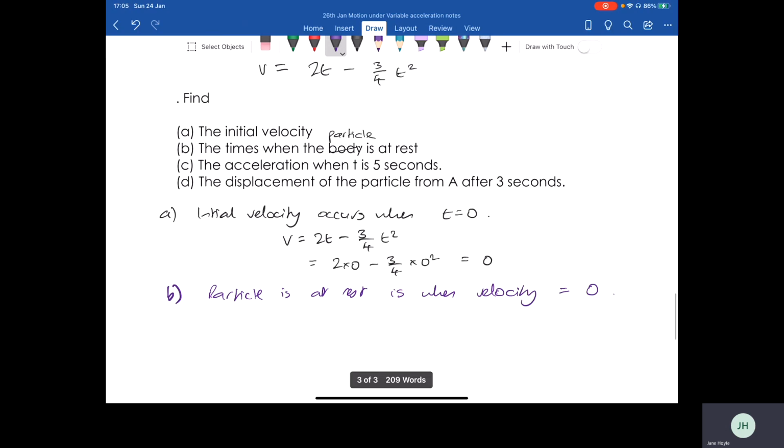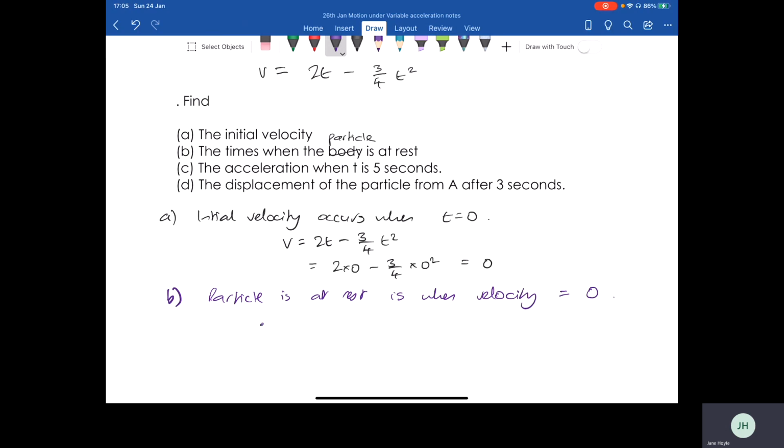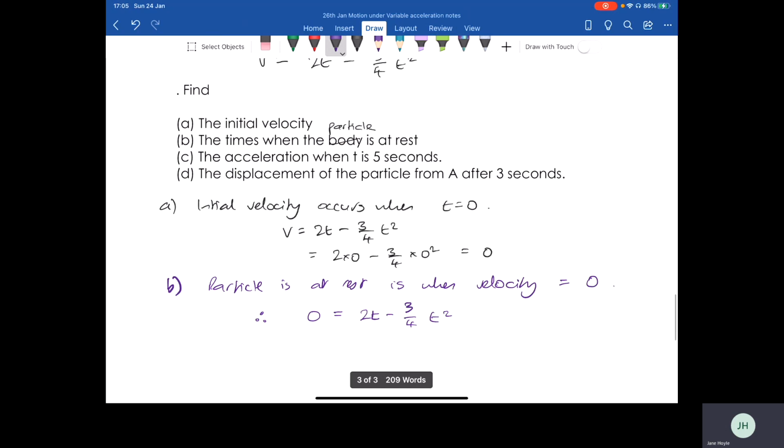So what we need to do is set the velocity equal to 0 and solve that equation. You could just type that into your calculator.